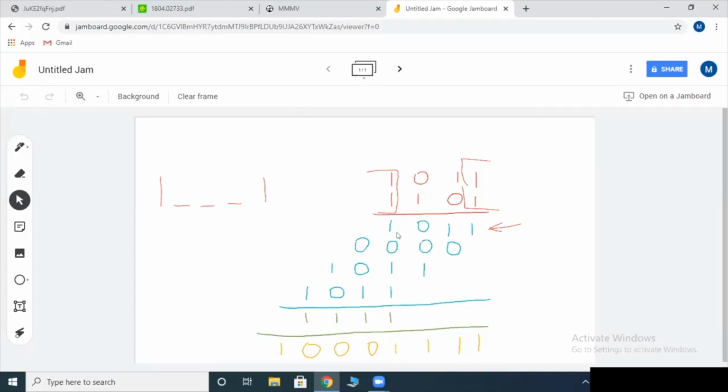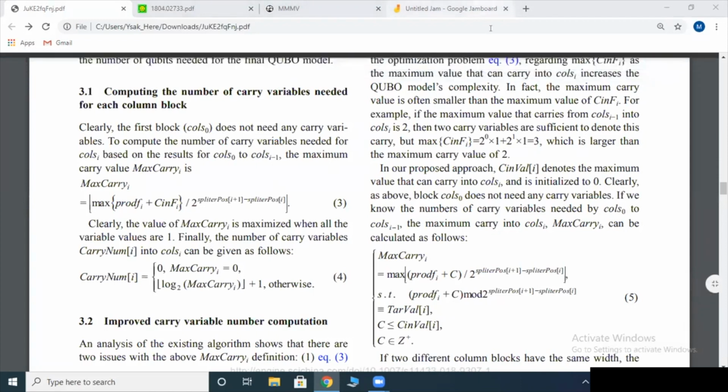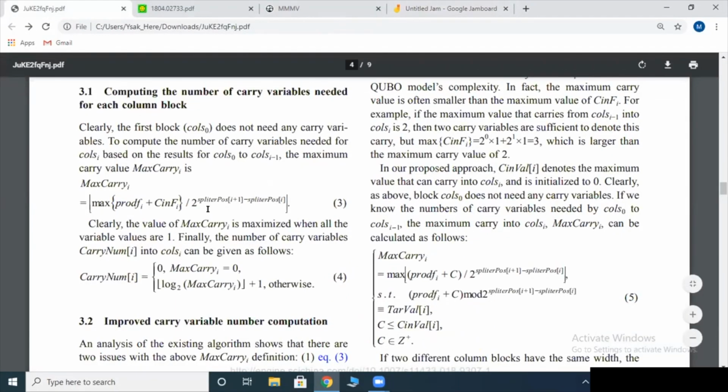Here the maximum possible carry is the case where we have 1 here also, so it is 1 plus 1 plus 1 plus 1. That is exactly what they have written there. The maximum carry is possible when we have the maximum product and the maximum carry. So in the product terms you have the maximum, and in the carry value you also have the maximum. That is the maximum case we can have.